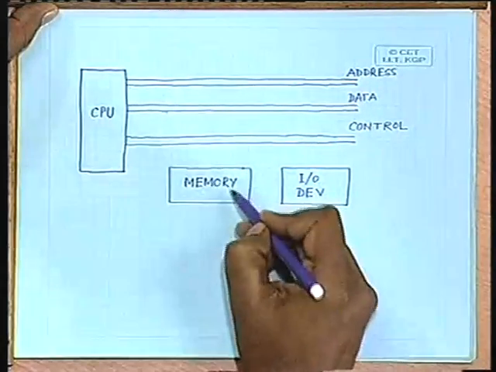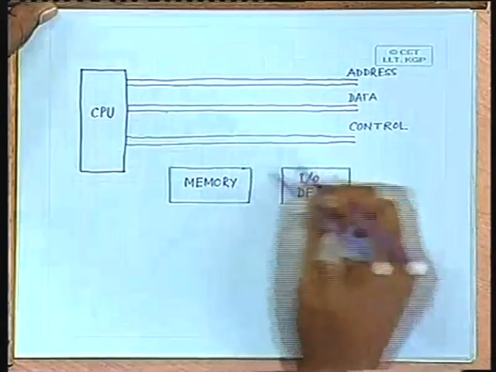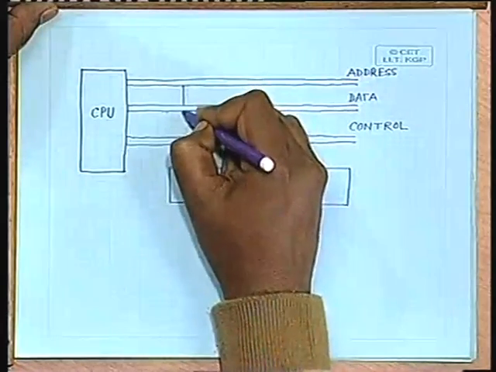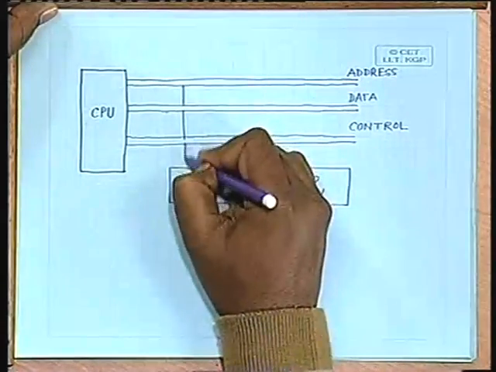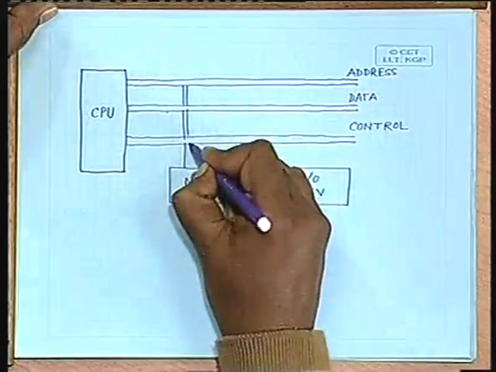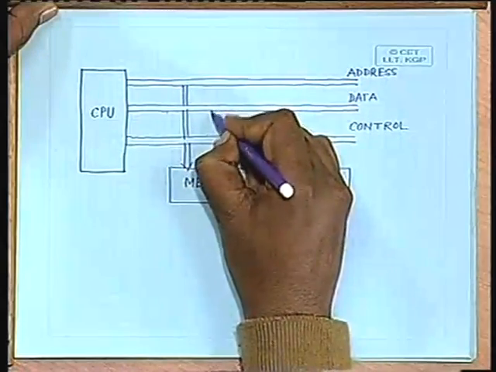and for interfacing this memory block and input output device to the CPU, we have to make use of these address lines. We have to make use of these data lines.